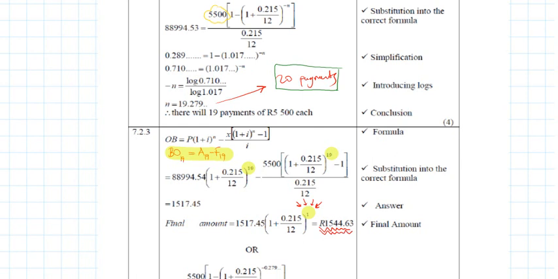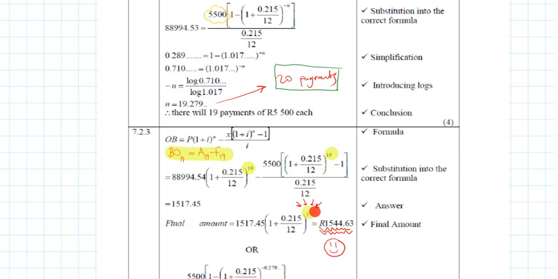That's how we got that final payment answer. For final payment questions, you must find the balance outstanding just after the last full payment is made, like here, our last 5,500 is made in the 19th month. So after it is made, what is the balance outstanding? You find it, and that money increases for 1 month only.